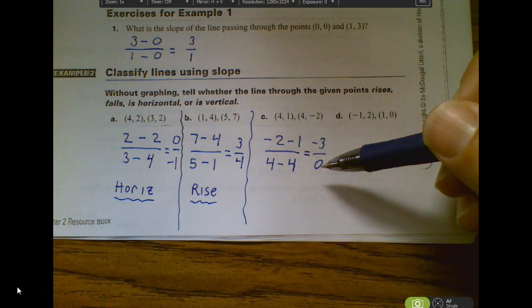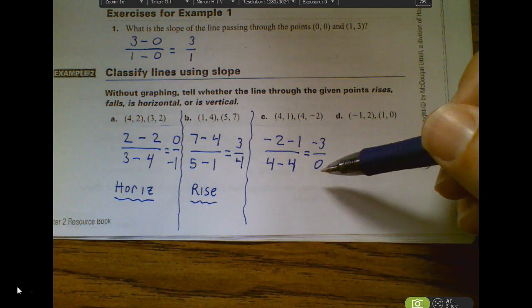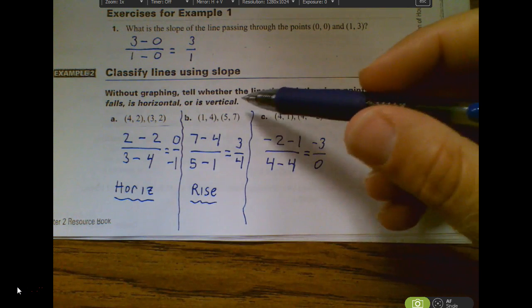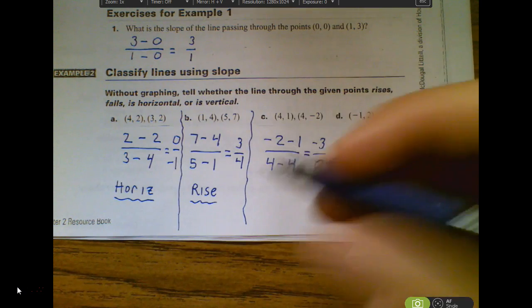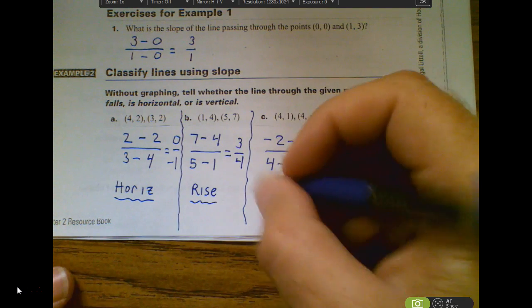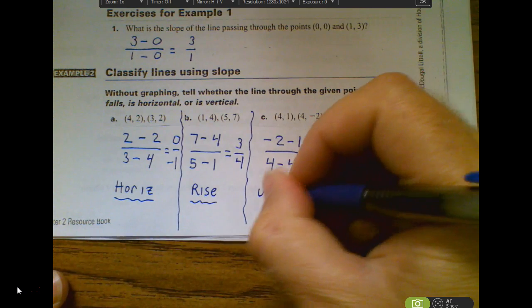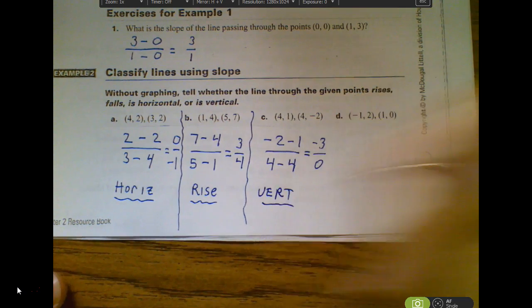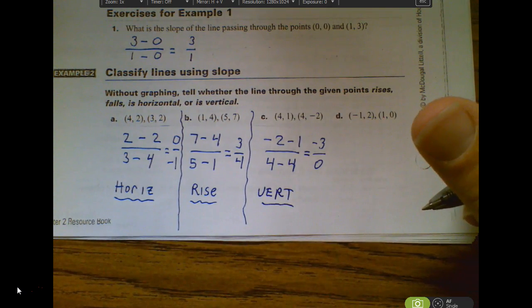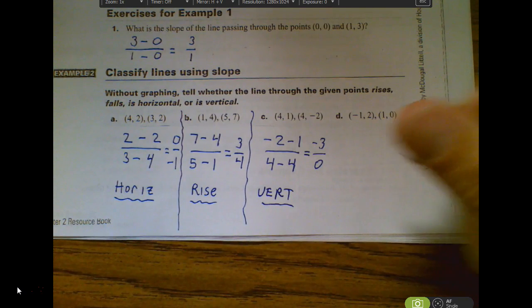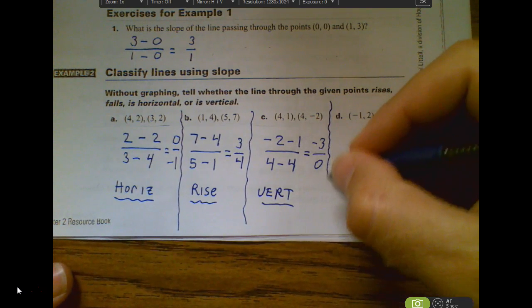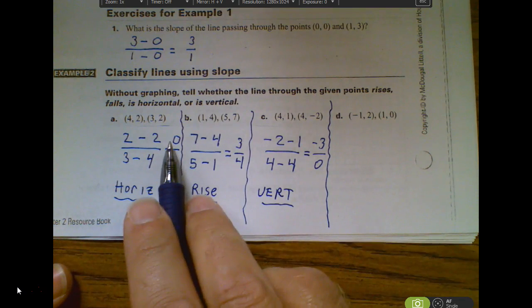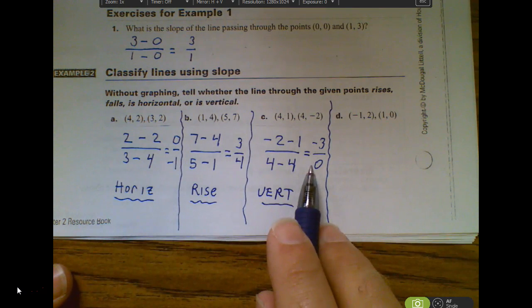So anytime you get a case where it's like a no solution case, I cannot have 0 on the bottom. That always goes with a vertical line. A vertical line has no slope. So we could classify that one as vertical because of that 0 that we're seeing on the bottom. Those are the cases where there is no slope. So there is a difference between having a 0 slope and having no slope.